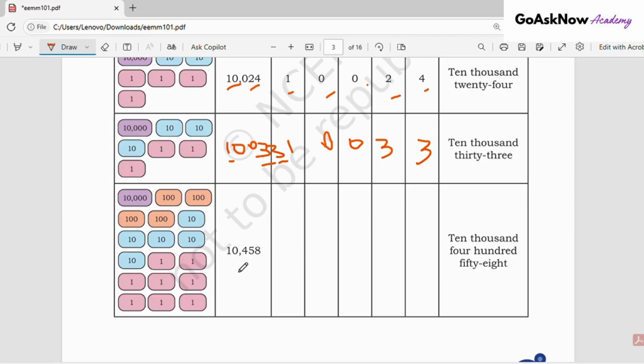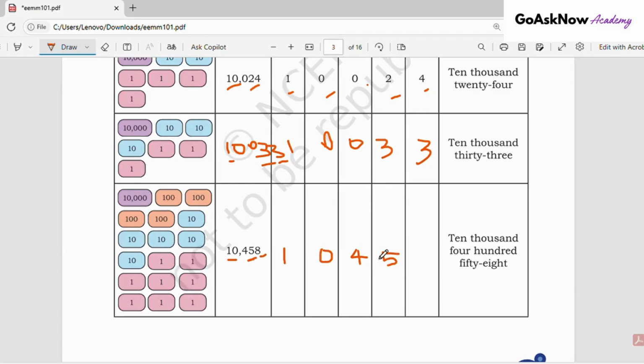Let us take the value 10,458. Here, the 10,000 value is 1. Then the 1,000 value is 0. Then the hundreds value is 4. The tens value is 5.